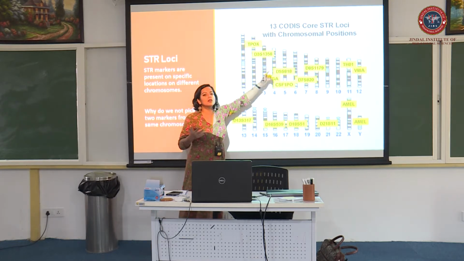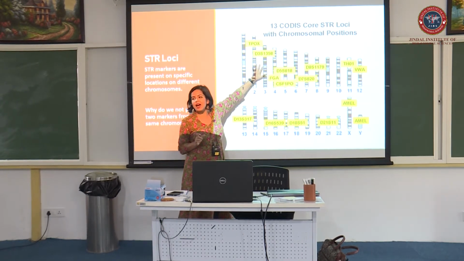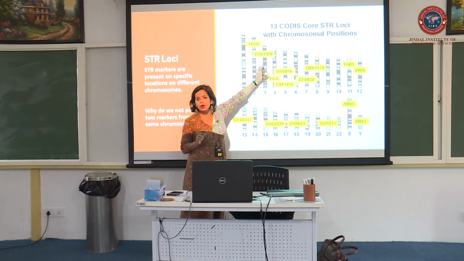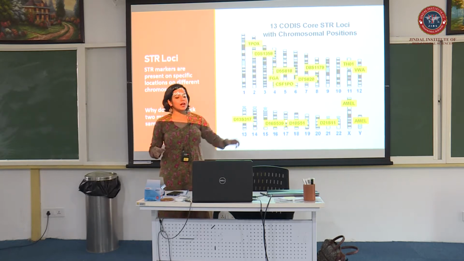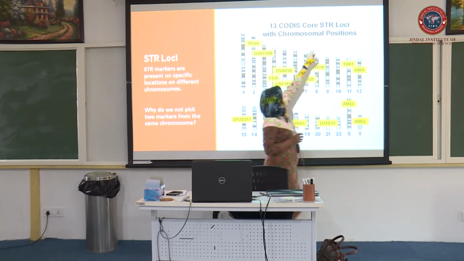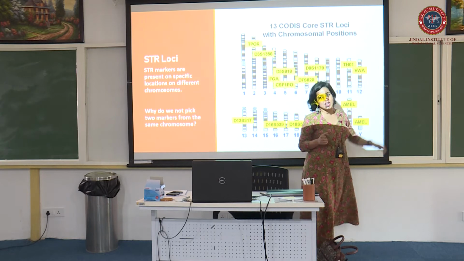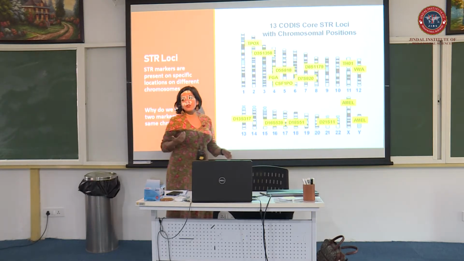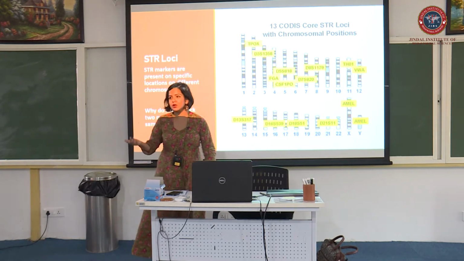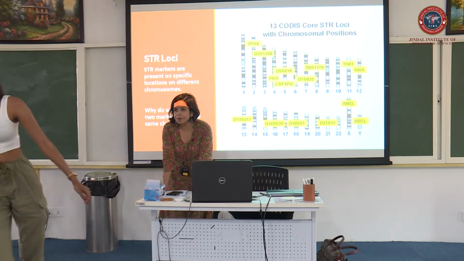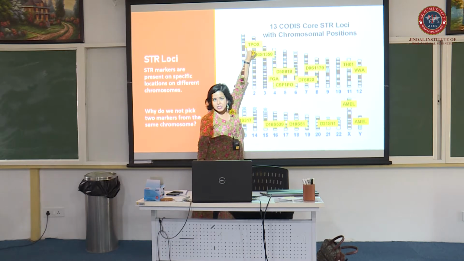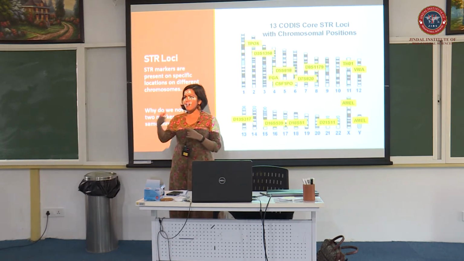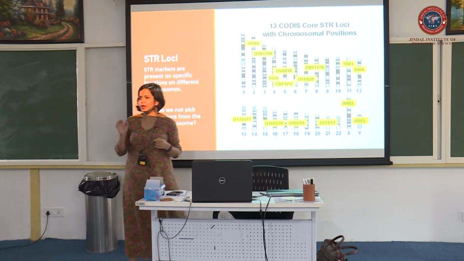One of the columns will have this name in the table. What does that mean? This is a location for an STR. The key word here is STR loci. Loci is Latin plural from locus, which means location. Is that clear? So these locations are fixed and they are found on every chromosome. Is that also clear?